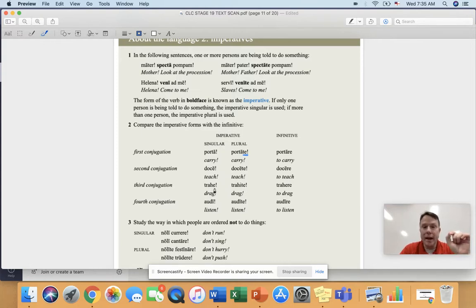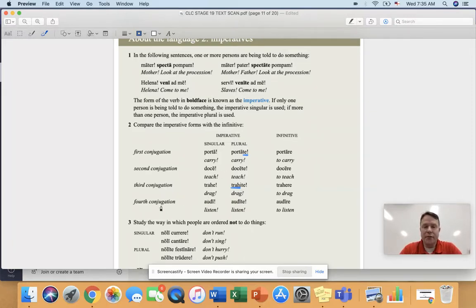So notice trahe. The one thing you need to worry about in forming the word is that trahe goes to trahite, because the stem really ends with the h, and then we add the te. We just need a vowel to hold its place in the middle.